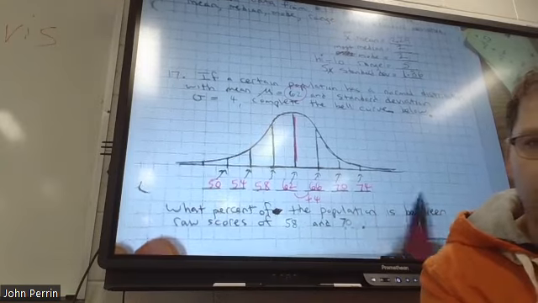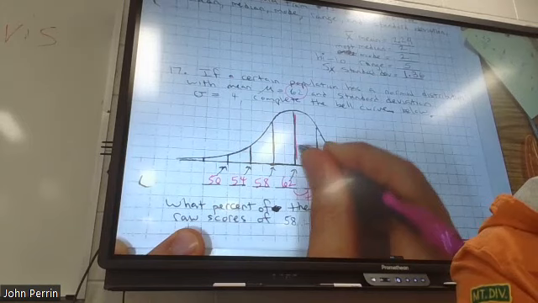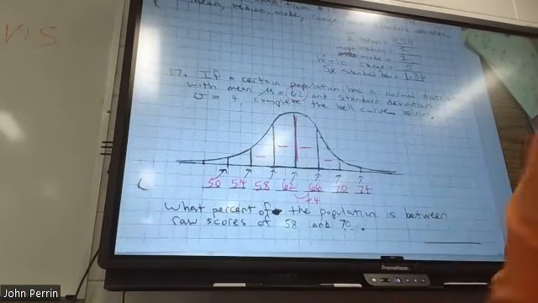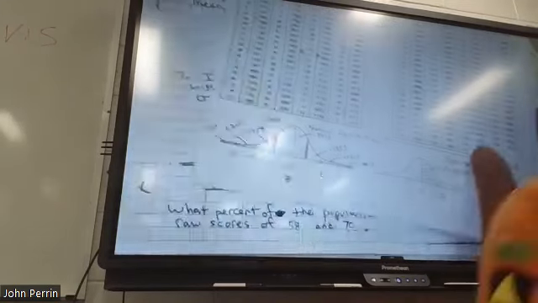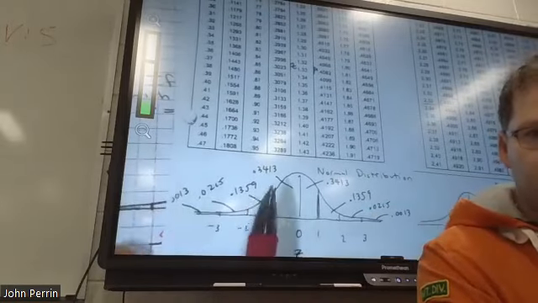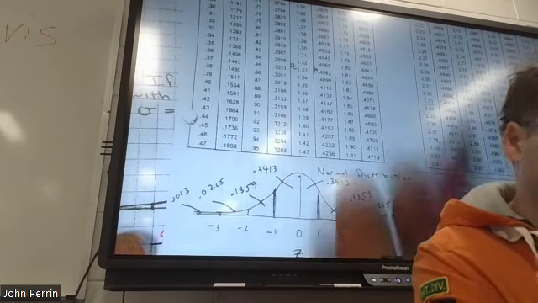What percent of the population is between 58 and 70? Use your chart in front of you to fill in these percents. I'm going to go look for mine really quick. Okay, on our Z table, we had some percents. 34, 34, 13, 5, 9.